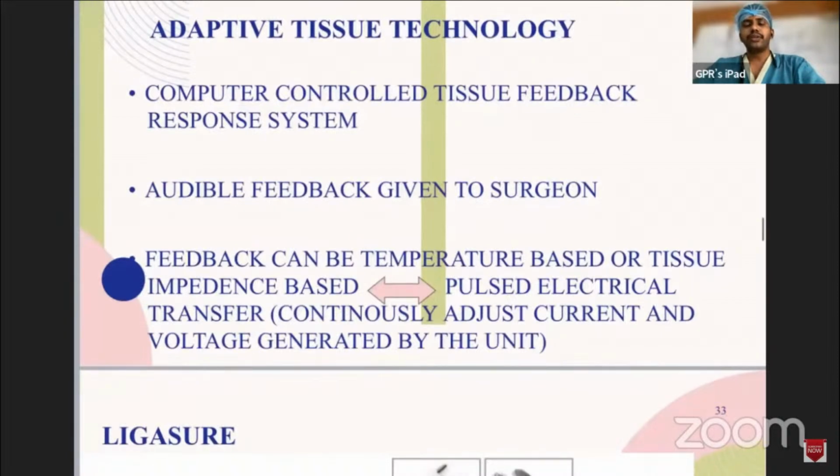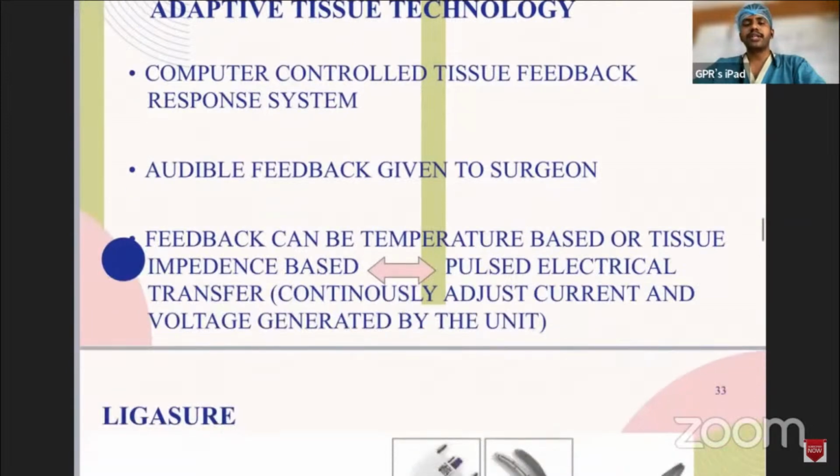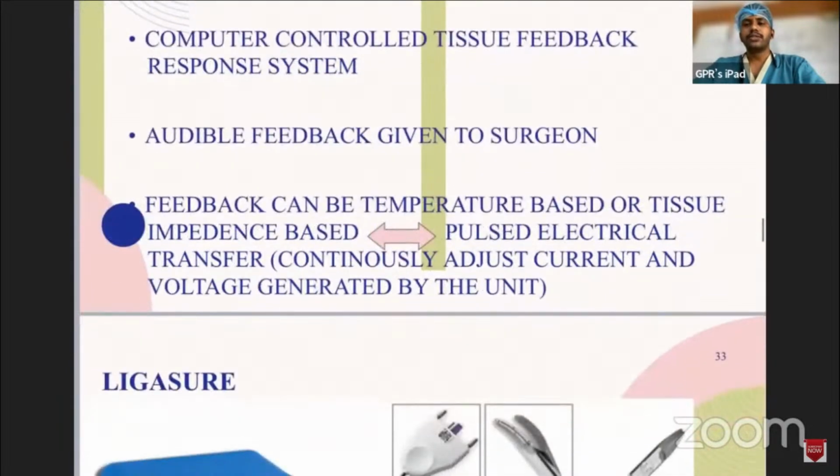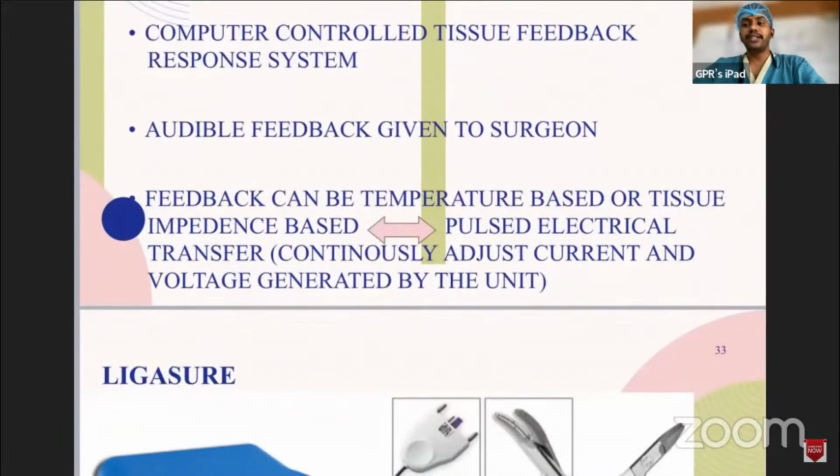Some energy devices are even more advanced, in such a way that once the tissues have done their function, they will stop the electrosurgical energy flow by themselves. So this feedback can be either energy temperature based or tissue impedance based. The pulsed electrical transfer happens in a continuous way, and the current and voltage generated by the unit has feedback over it.